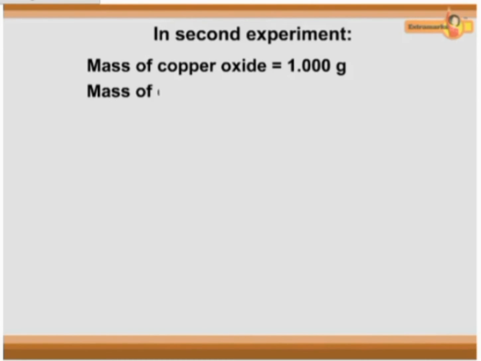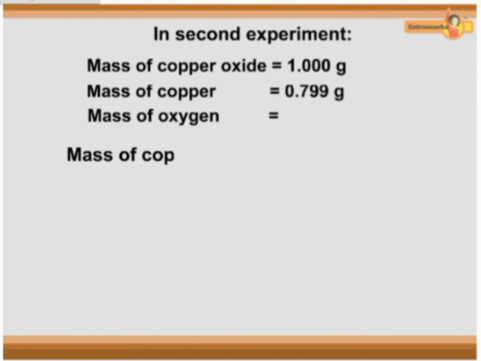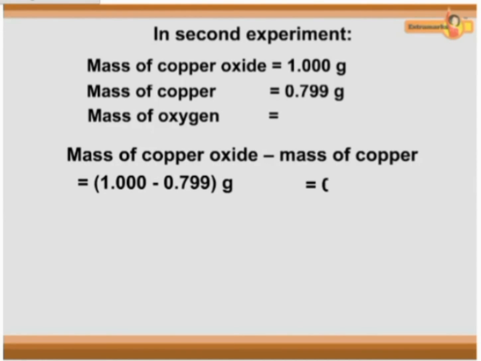In the second experiment, the mass of copper oxide is 1 gram and the mass of copper is 0.799 gram. By subtracting the mass of copper from the mass of copper oxide, the mass of oxygen is obtained as 0.201 gram.